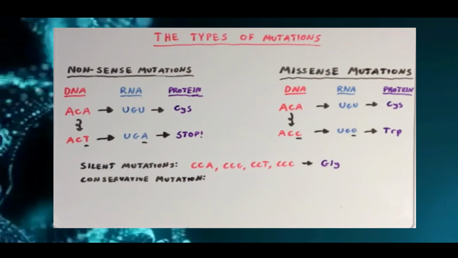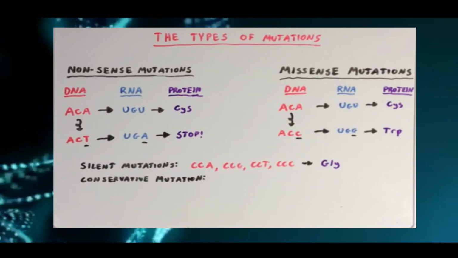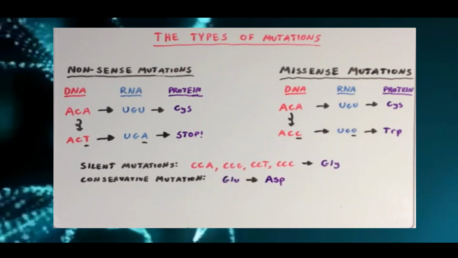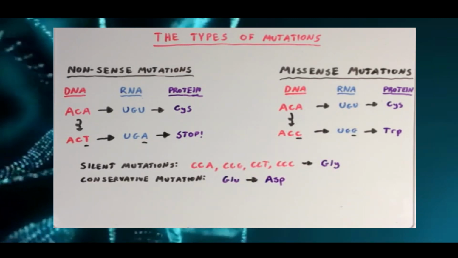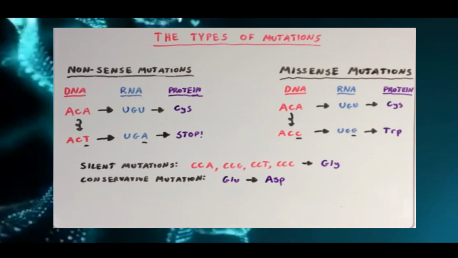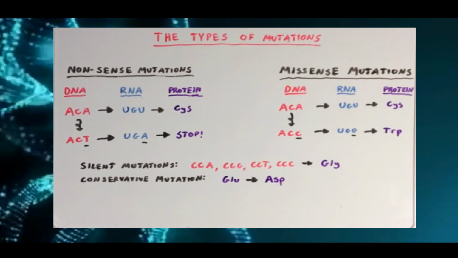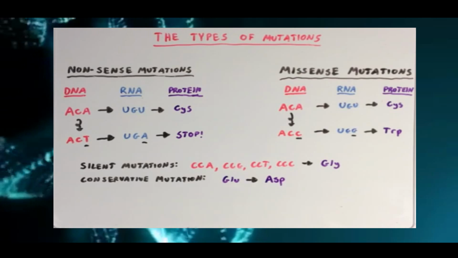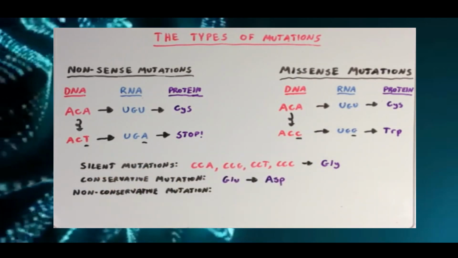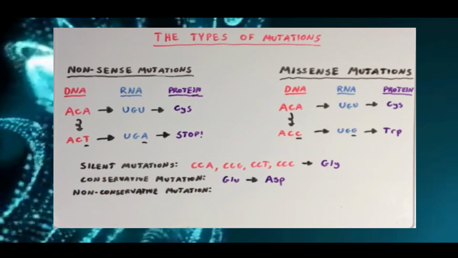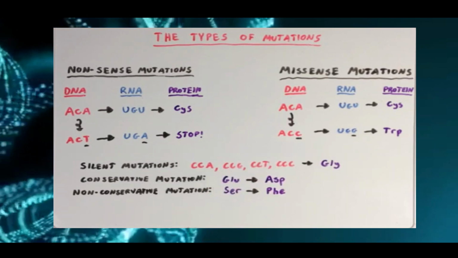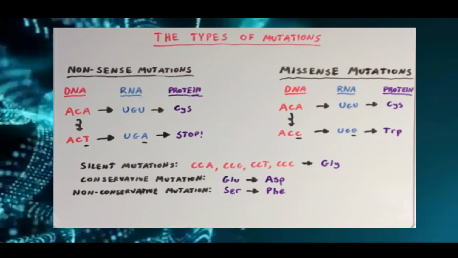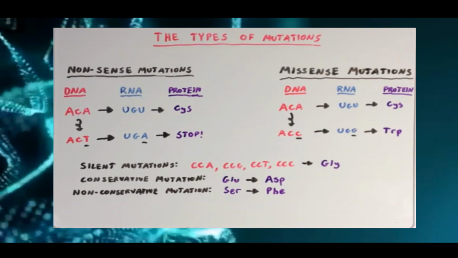Conservative mutations are where the new amino acid is of the same type as the original. So, here, I have a glutamate and an aspartate, which are both acidic amino acids. So, a mutation that swapped out an aspartate for a glutamate would be a conservative mutation. Finally, a non-conservative mutation is one where the new amino acid is of a different type from the original.